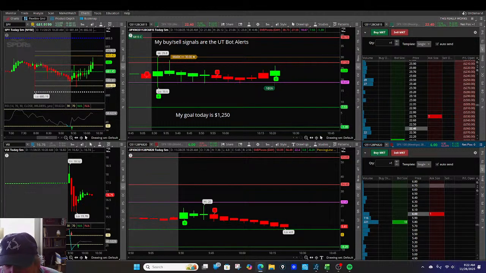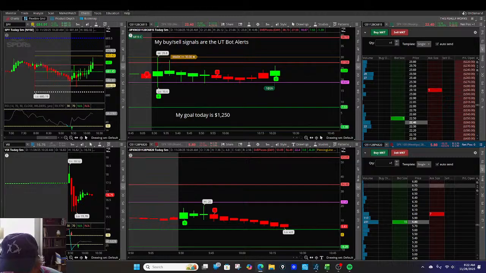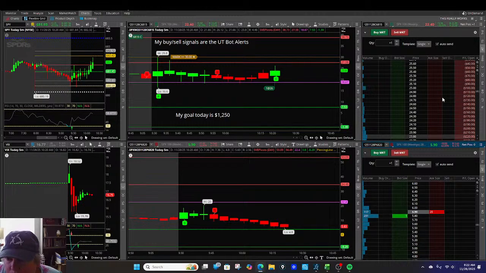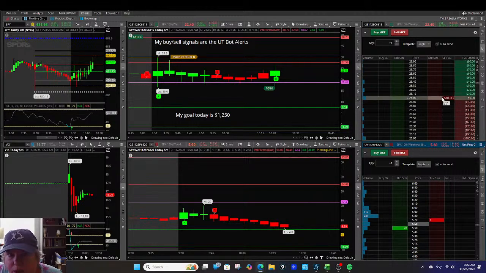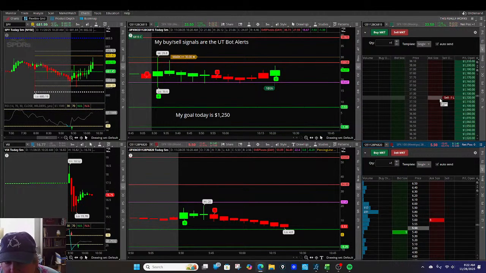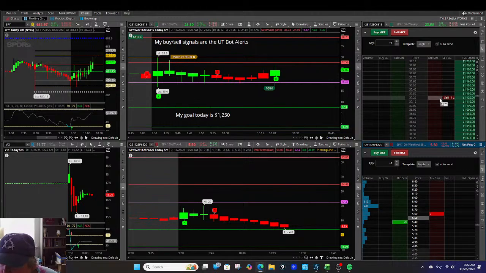Okay, I'm going to go ahead and place what is called a limit order because I want to lock in profits. It's gone down to 265, but my goal today is 1250.